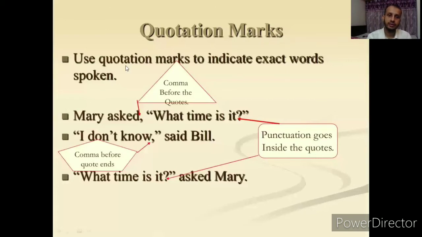So use quotation marks to indicate the exact words spoken. Before the quotation mark we use a comma. Mary asked, what time is it? This is the quotation mark. Insert the quotation marks, and before the quotation mark there is a comma.